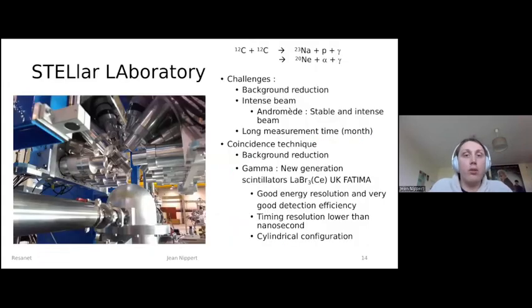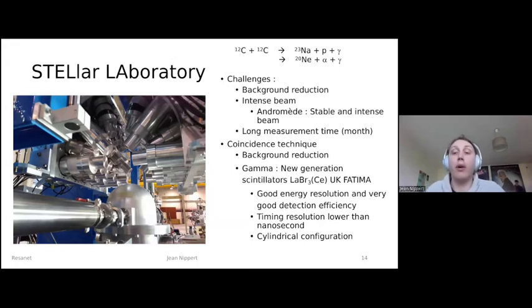So now let's see how STELLA is built to measure such a cross-section. I recall the main challenge is that we have a very, very low cross-section to measure, and that means that the signal will be really low compared to the background. So what we need is background reduction, an intense beam, and very long measurements.